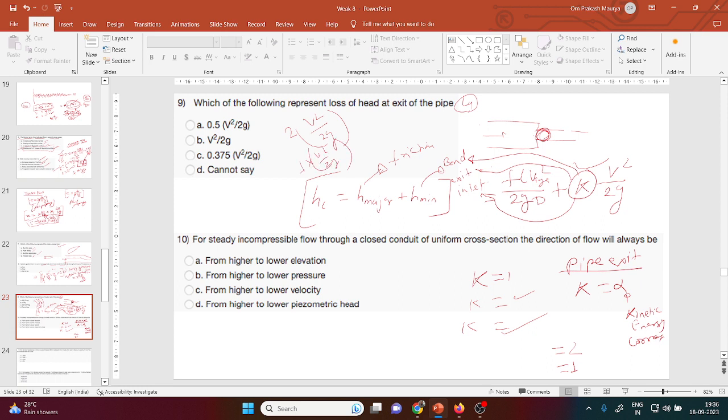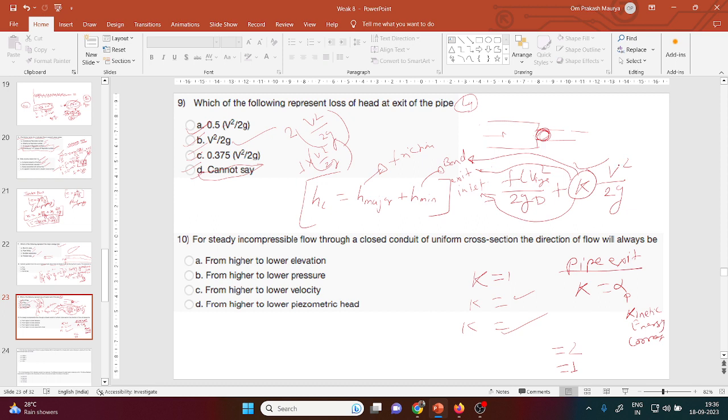But in the question nothing is given. With these options, we cannot say, meaning we cannot calculate, but we can. If we see the three options, there is no 2 anywhere. So we just generally assume the flow is turbulent, and option B is correct for this question.